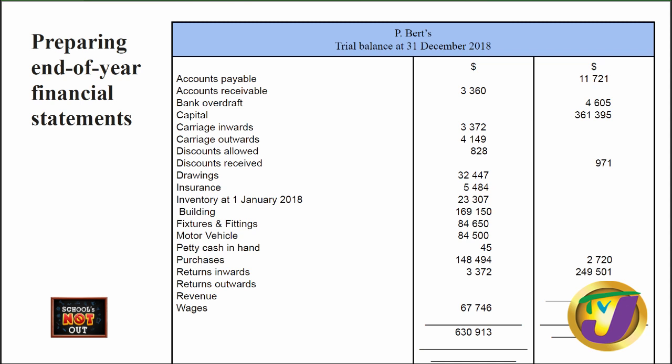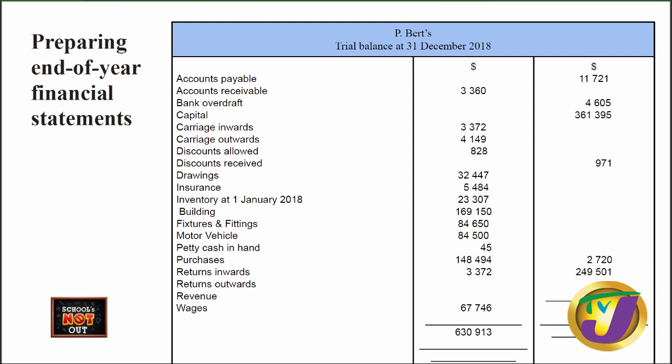And remember, in this particular statement, we calculate our gross profit and our net profit. And then we're going to move on to our statement of financial position. All right?